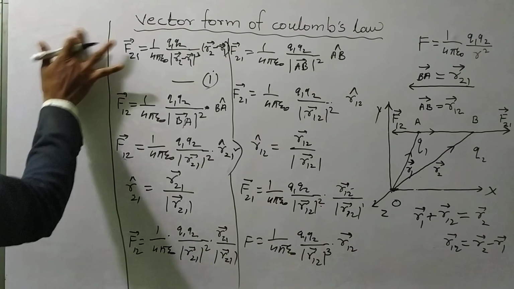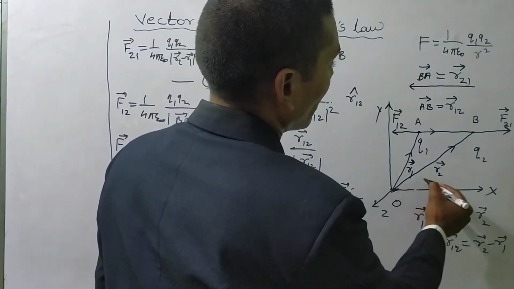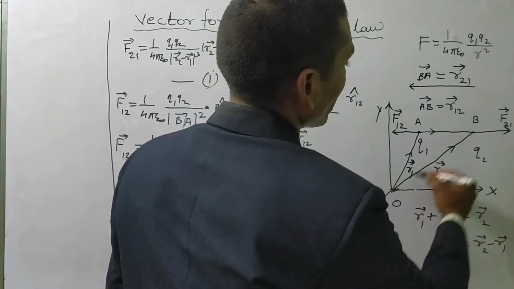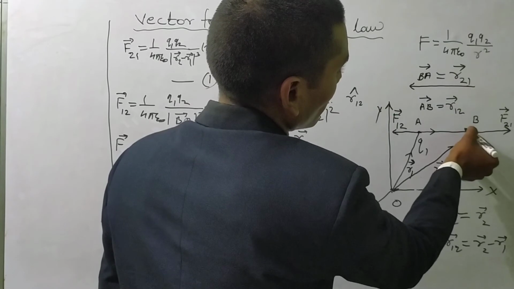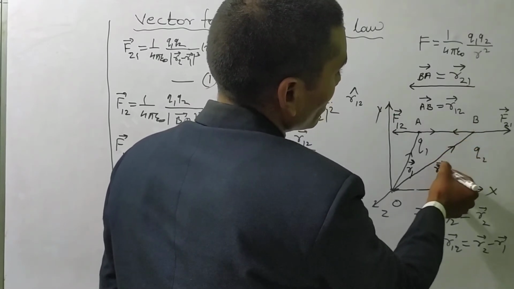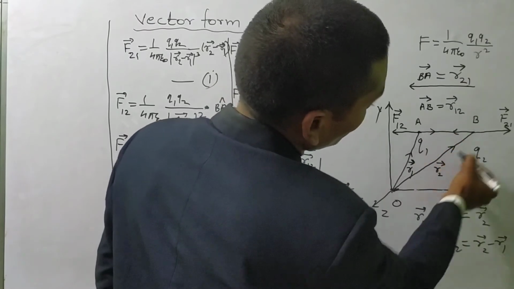So from this triangle, the direction of OB is along this direction and the direction of vector R21 is B to A. So these are in the same direction, but this is opposite to these.